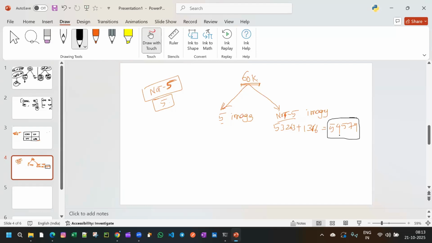The digit could be 0, 1, 2, 3, 4, 6, 7, 8, 9.